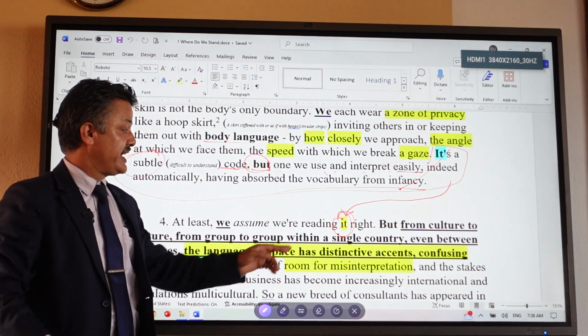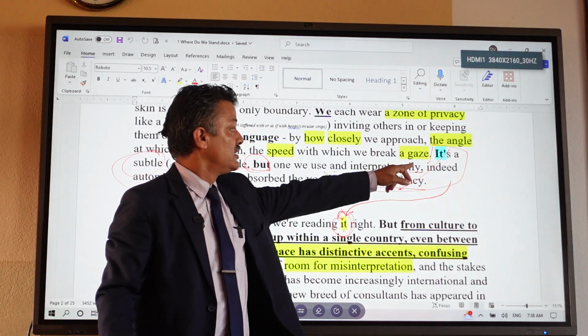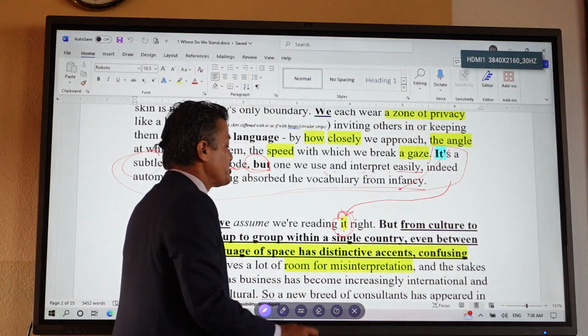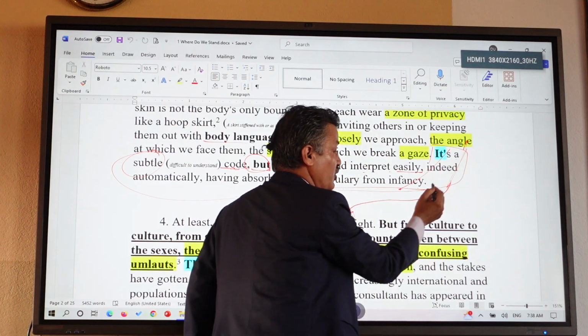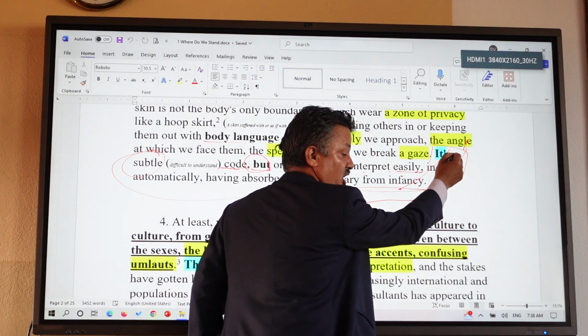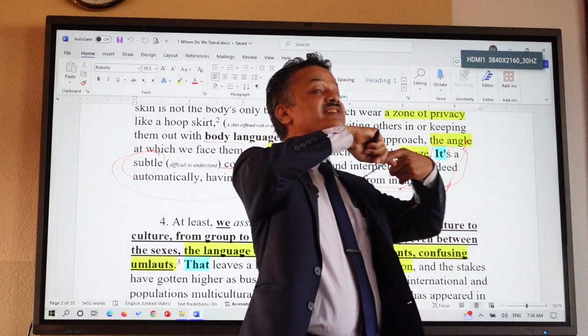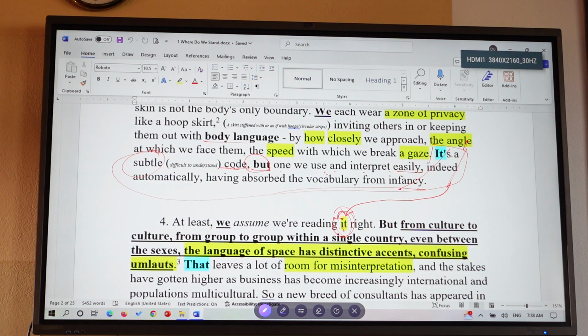The pronoun it in paragraph 4 stands for the idea expressed by the last sentence in paragraph 3. And to understand what it means, you must remember this idea. And when you remember this idea while reading this word in paragraph 4, it creates cohesion. Cohesion, what does cohesion mean?